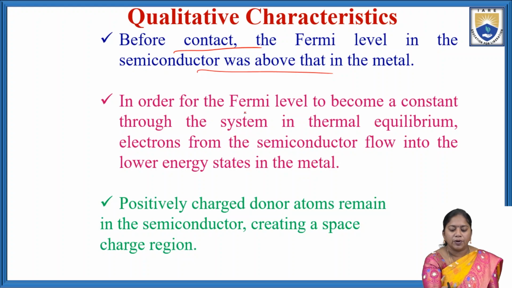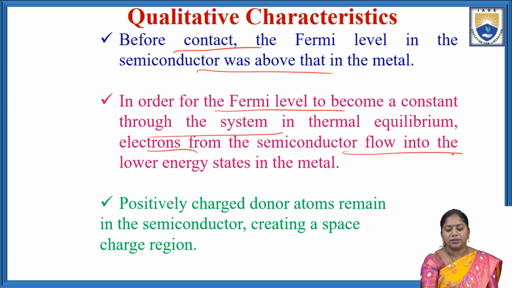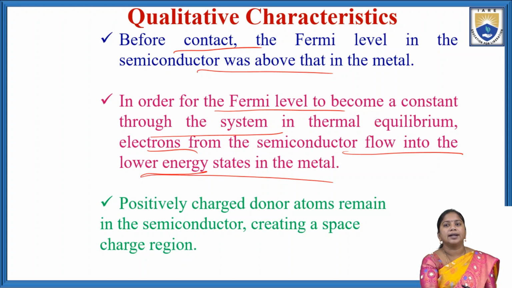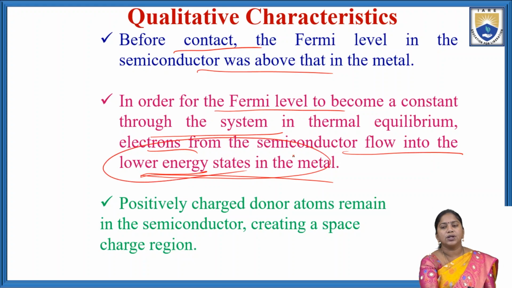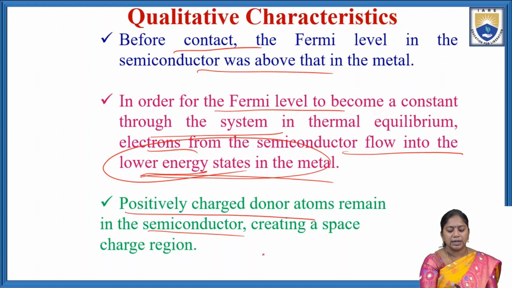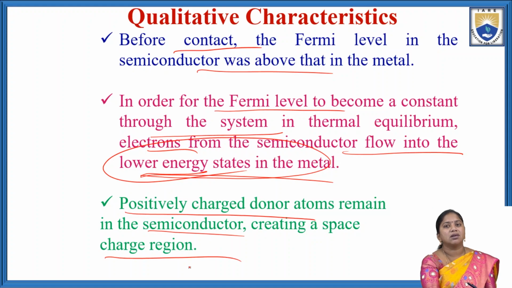In order for the Fermi level to become constant through the system in thermal equilibrium, electrons from the semiconductor flow into the lower energy states in the metal. The electrons are flowing from semiconductor to metal. Positively charged donor atoms remain in the semiconductor, creating a space charge region.